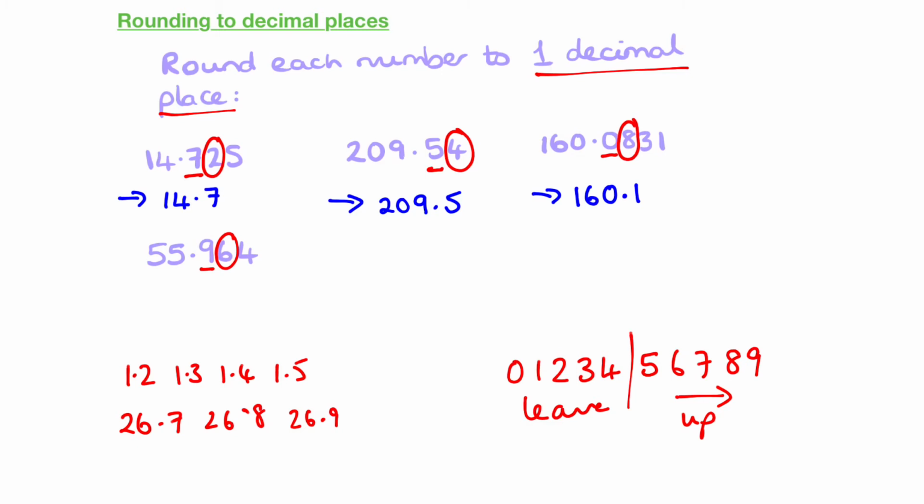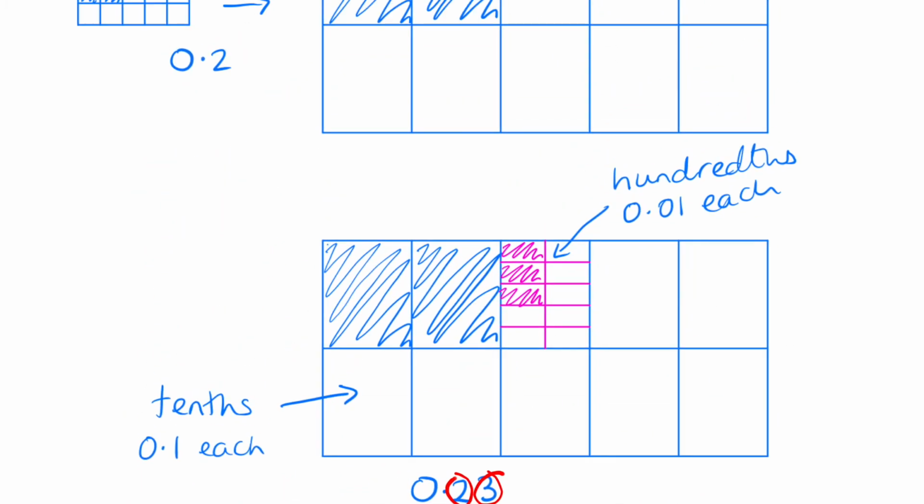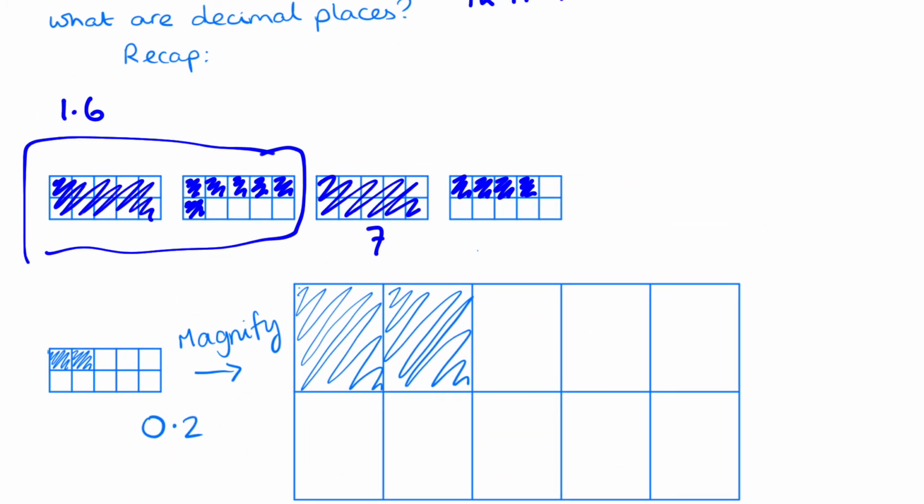What comes after 26.9? It's not 26.10, is it? That doesn't make sense. Okay, remember once you get to 9/10, if we filled up to 9/10, once we do an extra one, we've got another whole one, haven't we?